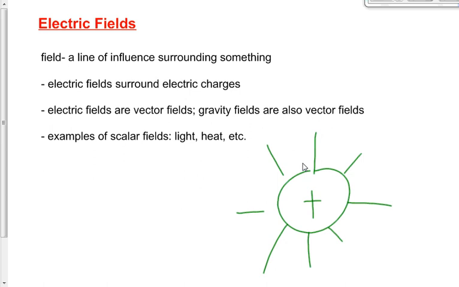But when there's only something to cause it, we still have that something, so we're going to call it a field. That's an electric field, when we have something to cause the influence, regardless of whether or not there's something there to experience the influence. We talked about electric fields and gravity fields both as being vector fields because they have a direction, versus, say, a scalar field that has no direction, like a light field, heat field, and so on.